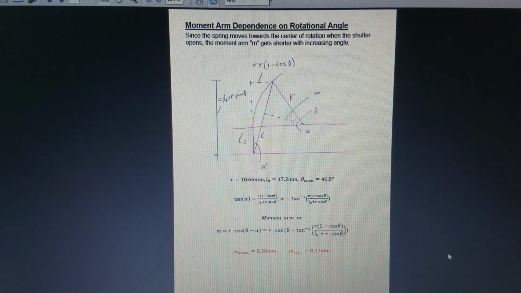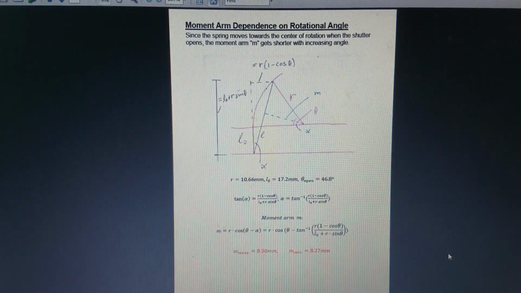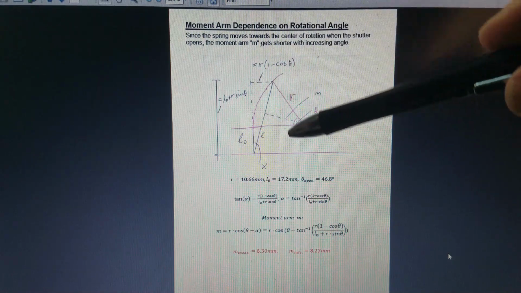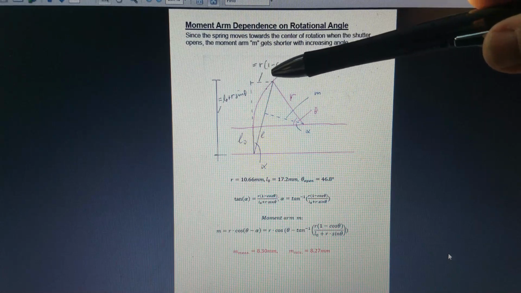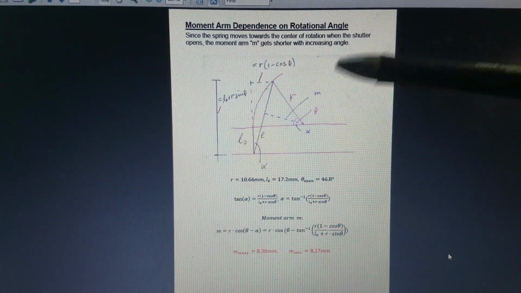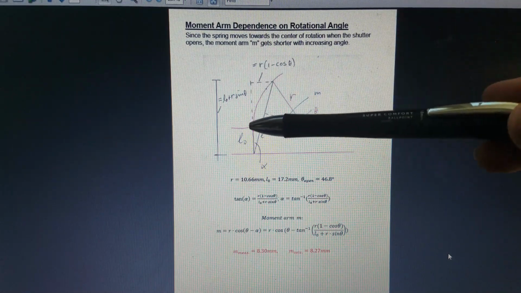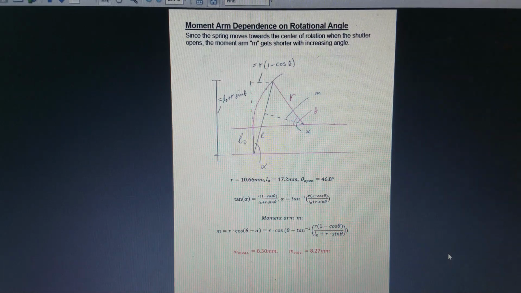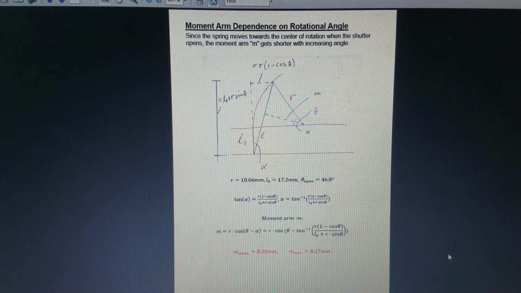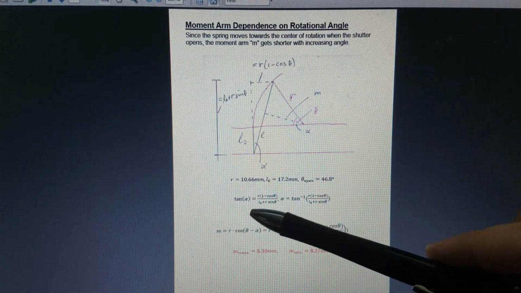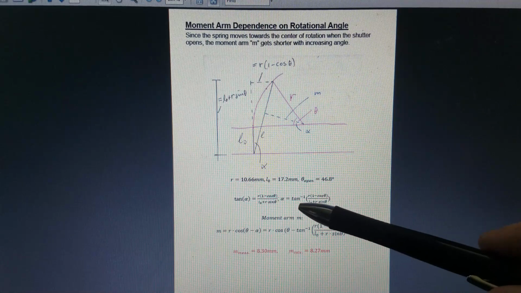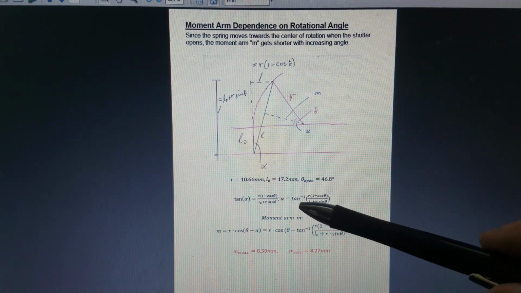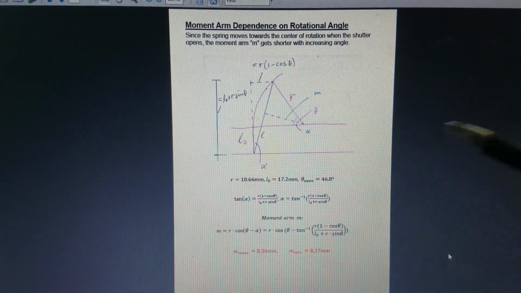So if I use that the tangent of this angle is r times (1 minus cos theta) over L plus r times sine theta, then I get this equation, and if I solve for the angle alpha, I have tangent to the -1, or arctan, of this bit here.